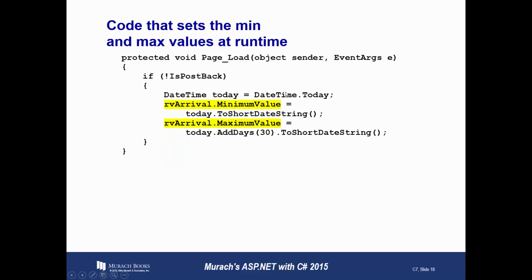All right. So it says code that sets the minimum and maximum values at runtime. Well, why would you want to do that? Well, again, looking at the example that they're showing here, maybe you're working with something like a product somebody just ordered. So the order date you would set to today's date.